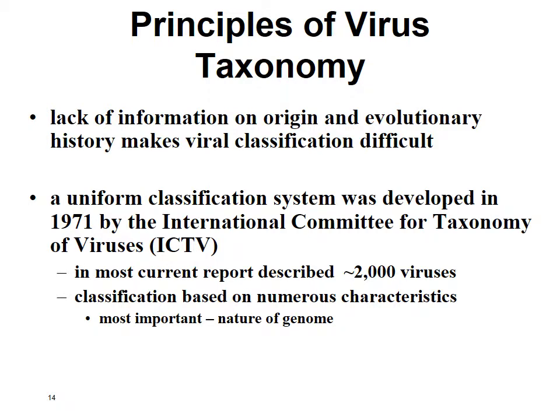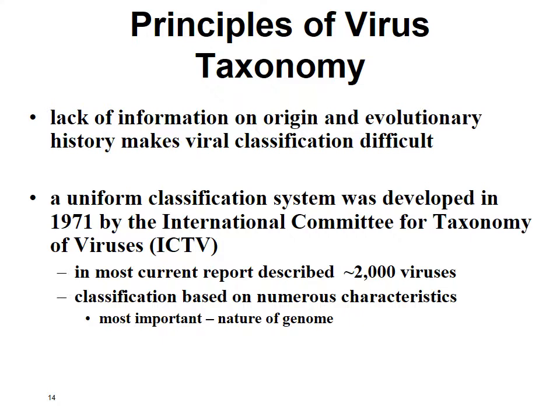Let's finish now with a brief look at virus taxonomy. The classification of viruses is difficult, and it's far less advanced than that of cellular microorganisms. In part, this is due to a lack of knowledge of their origin and evolutionary history. So in 1971, the International Committee for Taxonomy of Viruses, or ICTV, developed a uniform classification system.